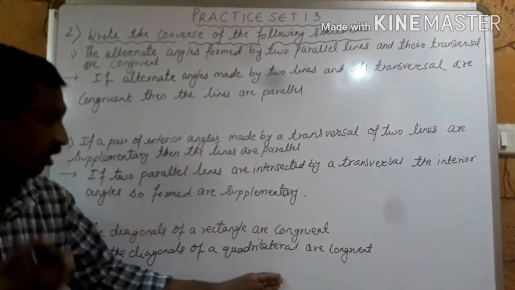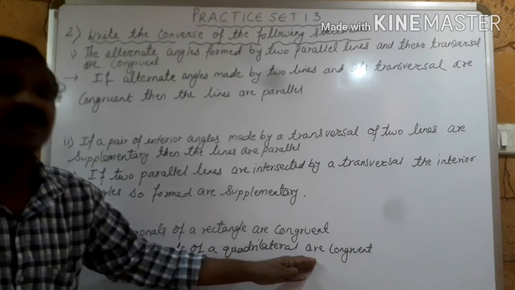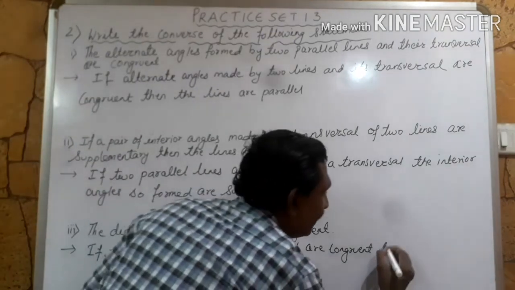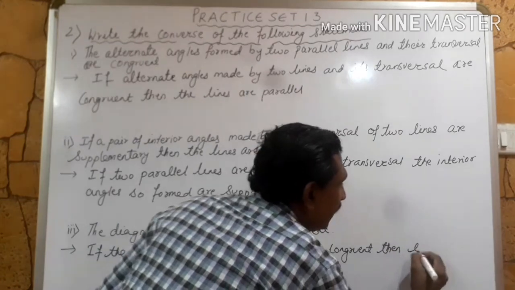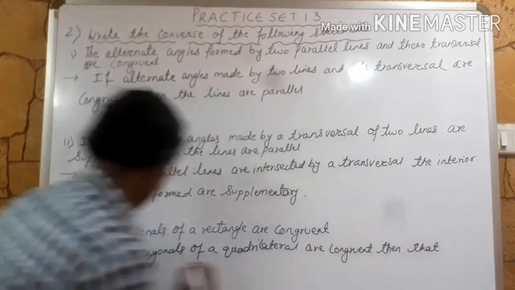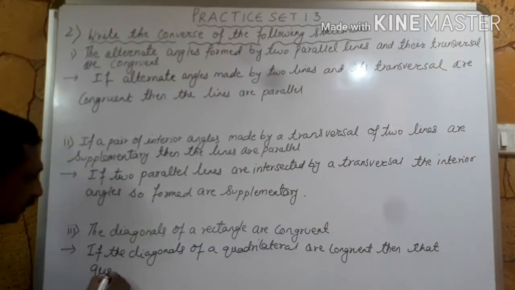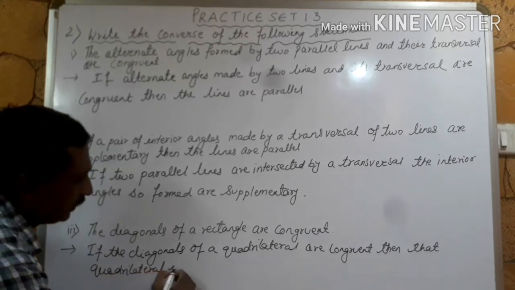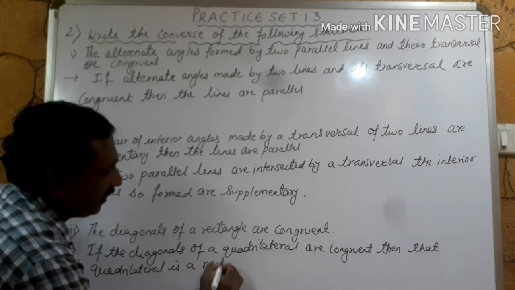If the diagonals of a quadrilateral are congruent, then that quadrilateral is a rectangle.